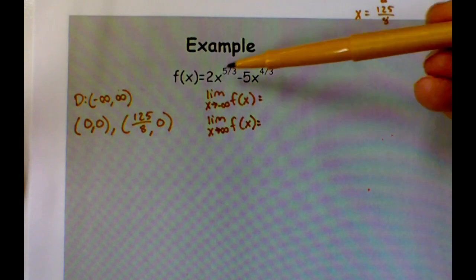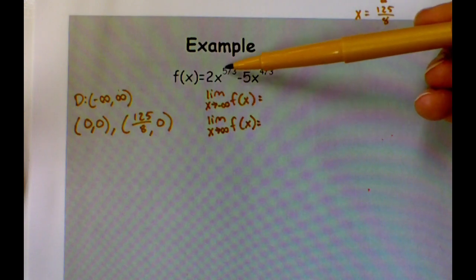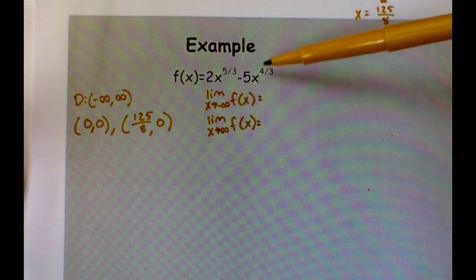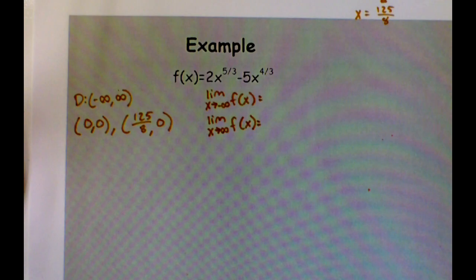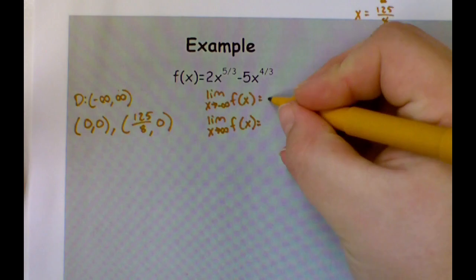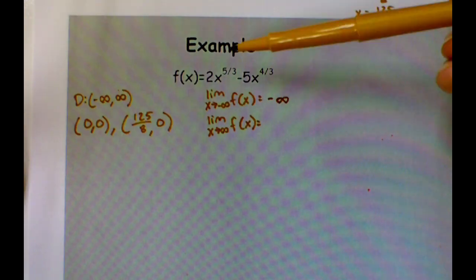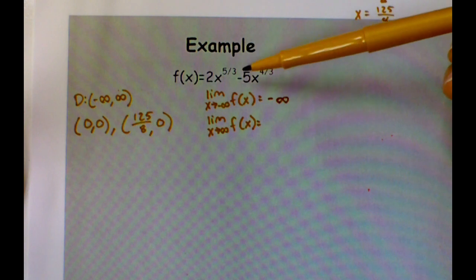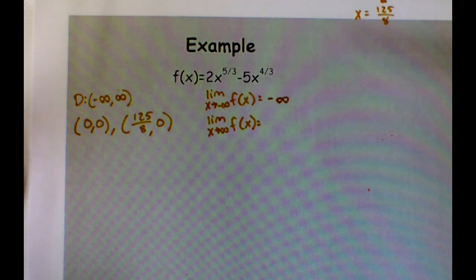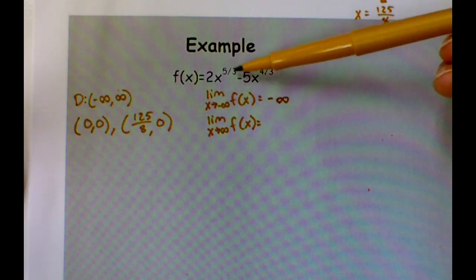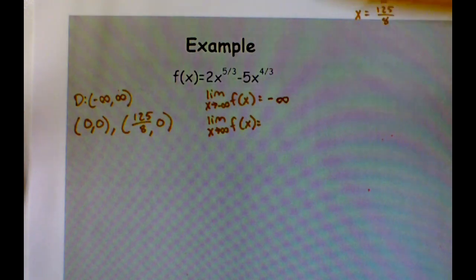Well, if I plug in negative infinity to this function, I get a negative infinity minus a positive infinity. Well, negative and minus, still negative infinity. If I plug in positive infinity, I get a positive infinity minus positive infinity. Now I have to decide which one's bigger exponent, so I get positive infinity.